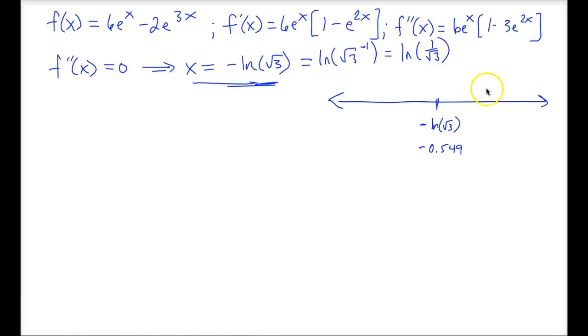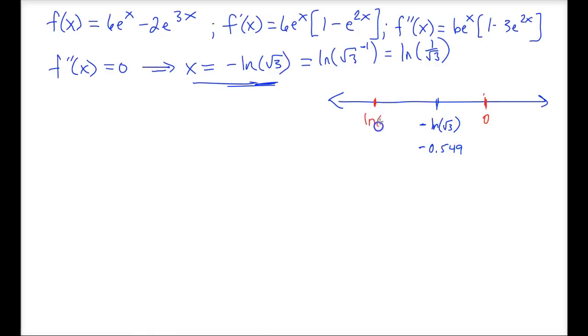All right, so let's choose 0 here. And 0 is the same as natural log of 1, by the way. And over here, let's say we want to choose a value that's a little bit more negative than this. We know that square root of 3 is like 1.732.